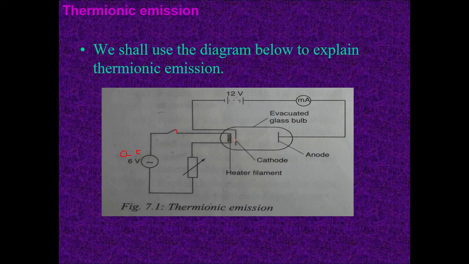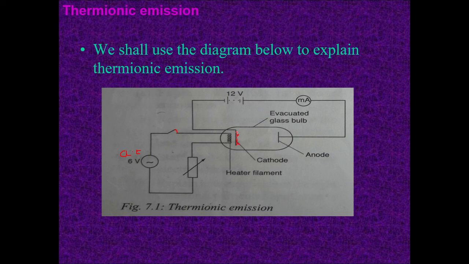This will be explained well in the photoelectric effect, but I'm just using that idea so that you may be able to understand it more clearly. So the moment this heat filament gains enough heat that can heat up this cathode to dislodge electrons, electrons usually align themselves on this particular surface here.